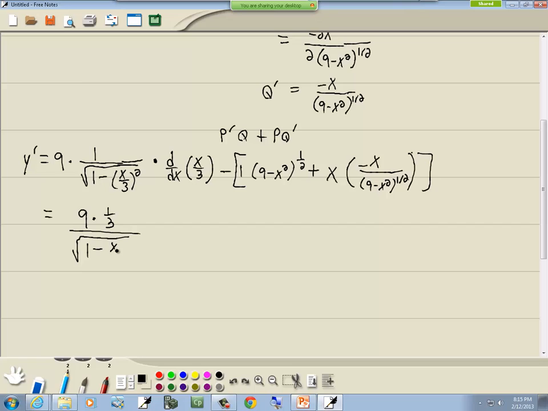So 1 minus x squared over 9 minus, and I'm going to put this into a fraction form, so this will be 9 minus x squared to the 1/2 over 1. Positive times a negative is negative, and x times x is x squared over 9 minus x squared to the positive 1/2.